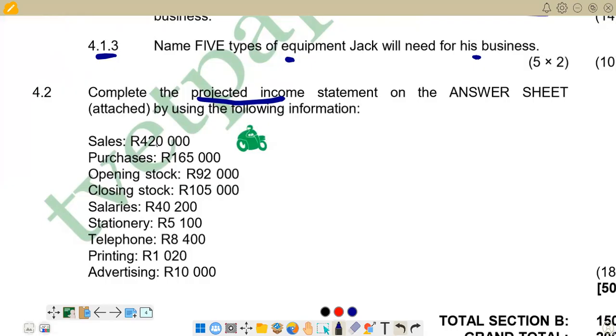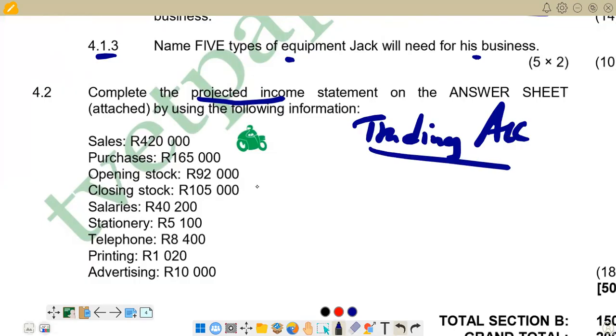And remember, in an income statement, we start with sales. We are going to start with the trading account. So the formula for the trading account that we are going to follow as we prepare it is: sales minus cost of sales.